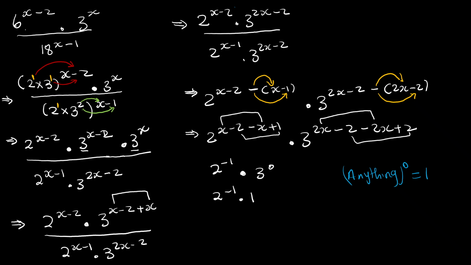Now the 1 will remain on top, and we need to write this in positive exponent form. So the 1 remains on top, then whatever has a negative exponent, we write it on the bottom without the sign. So the final answer for this is 1 over 2.